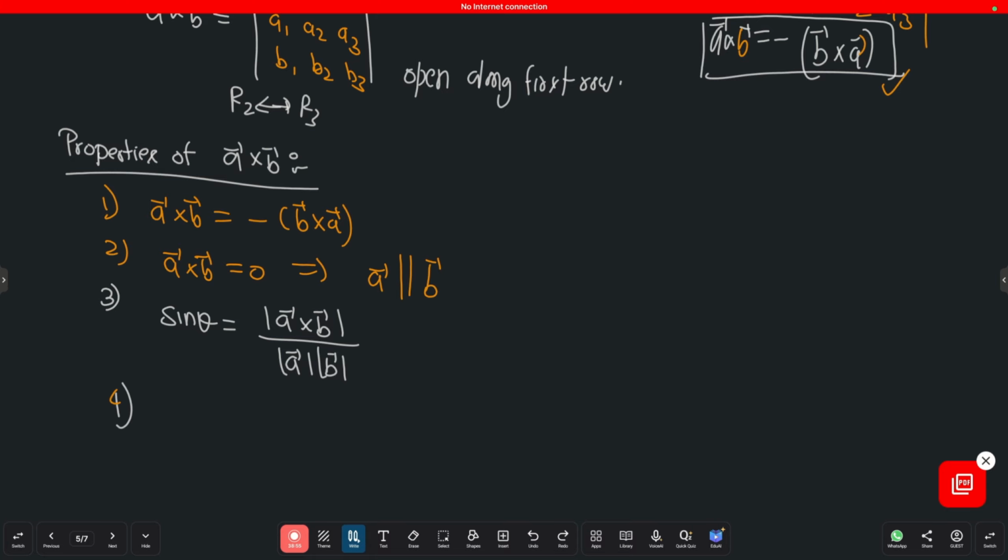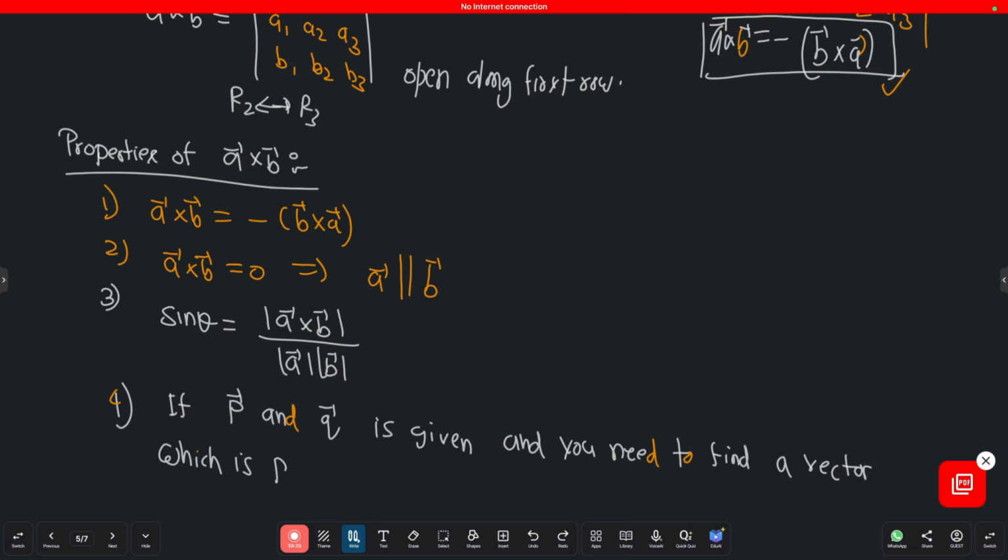So if P vector and Q vector are given, I am writing PQ because in the questions there will be AB and there will be A plus B, A minus B. So if P vector and Q vector are given and you need to find a vector which is perpendicular to both A and B, both A vector and B vector.